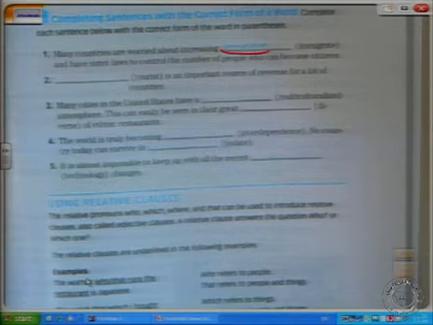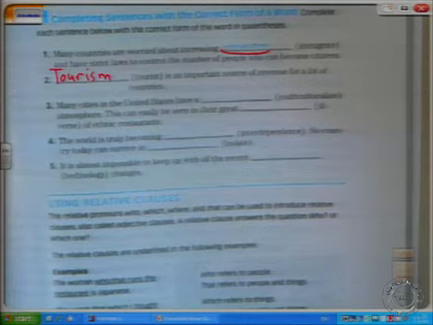Here we need a noun, and the noun should be tourism. Tourism is an important source of revenue for a lot of countries. So tourism, as an activity, is an important source of revenue for many countries.